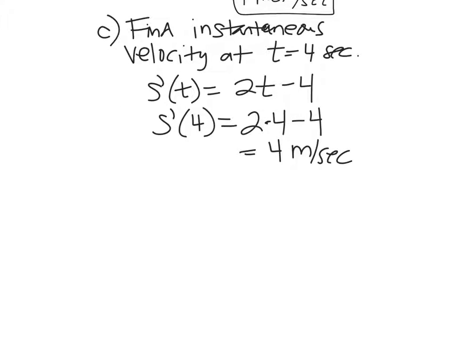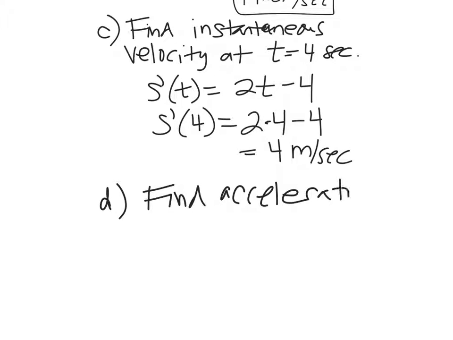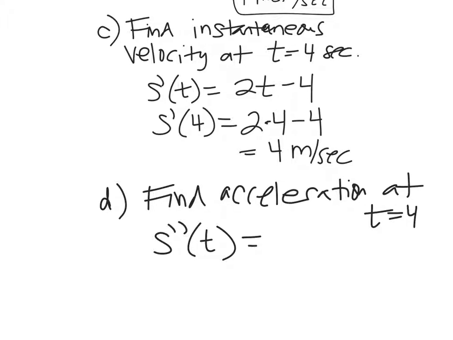Let's find the acceleration at t equals 4. You take the derivative again. Acceleration at t equals 4. And this doesn't really matter because, watch, when you take the derivative of s prime of t, so we're taking the second derivative, we end up getting 2.